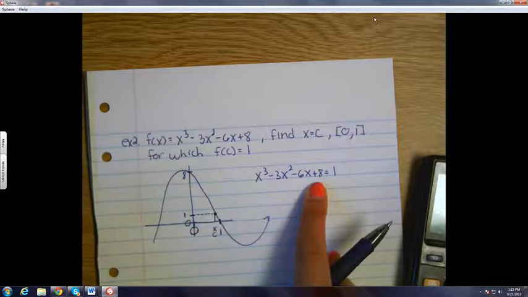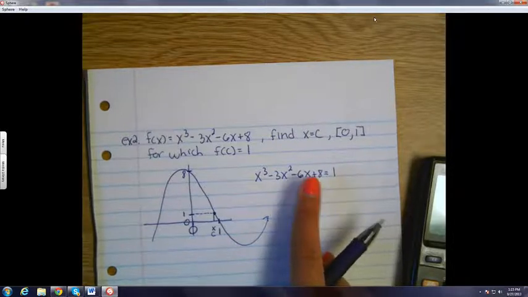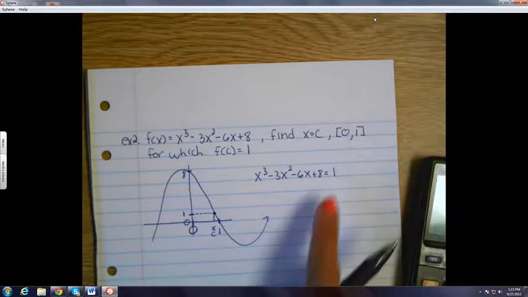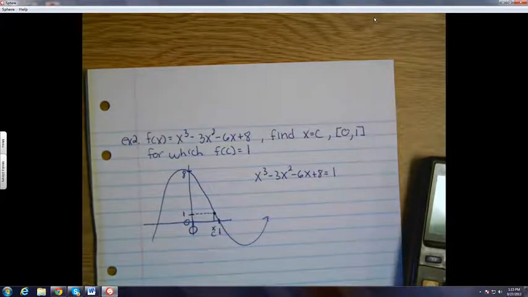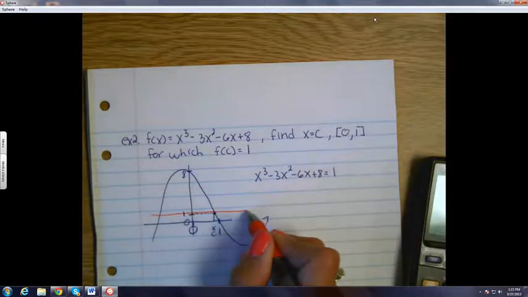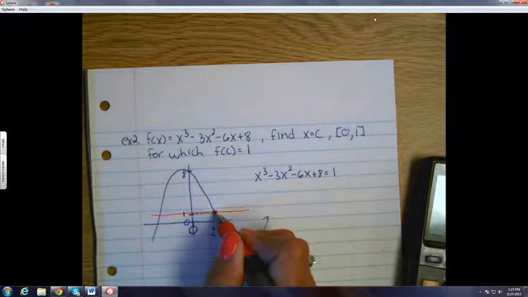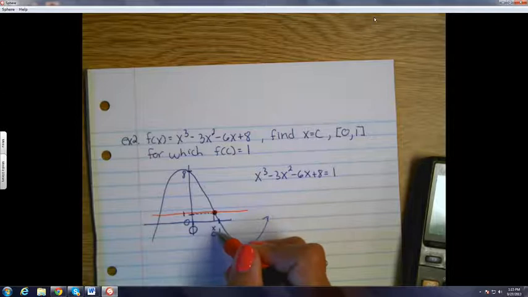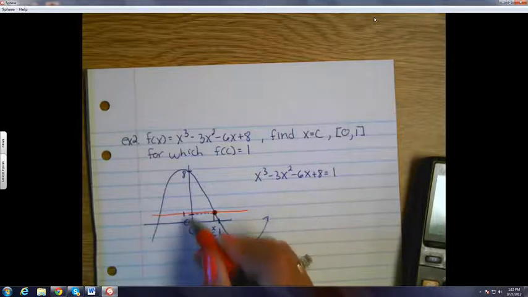Okay, so what we're going to do is use the calculator, and you might want to actually follow along with this, so you do it once before you get to class. We are going to have the calculator graph a horizontal line at 1, and then have it find this intersection. And when it gives us the intersection, it gives us the ordered pair, we're going to want the x value with the y value 1.